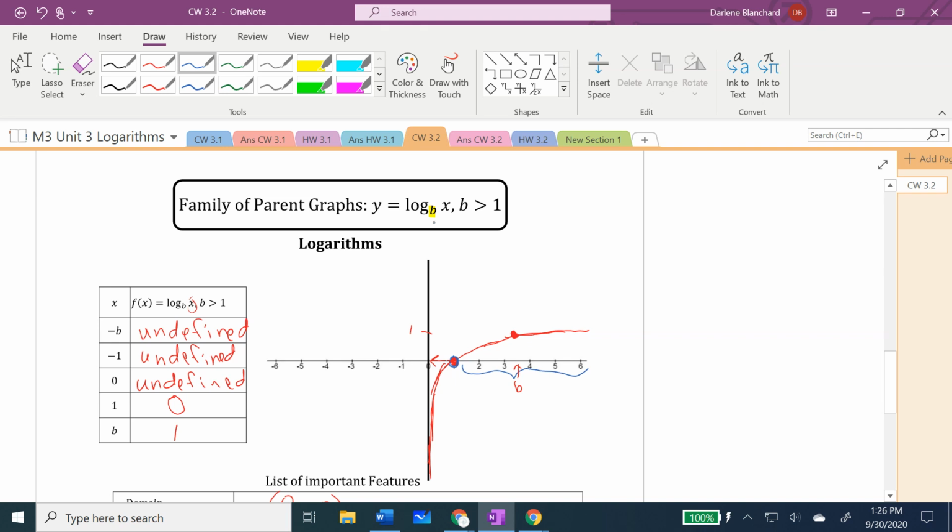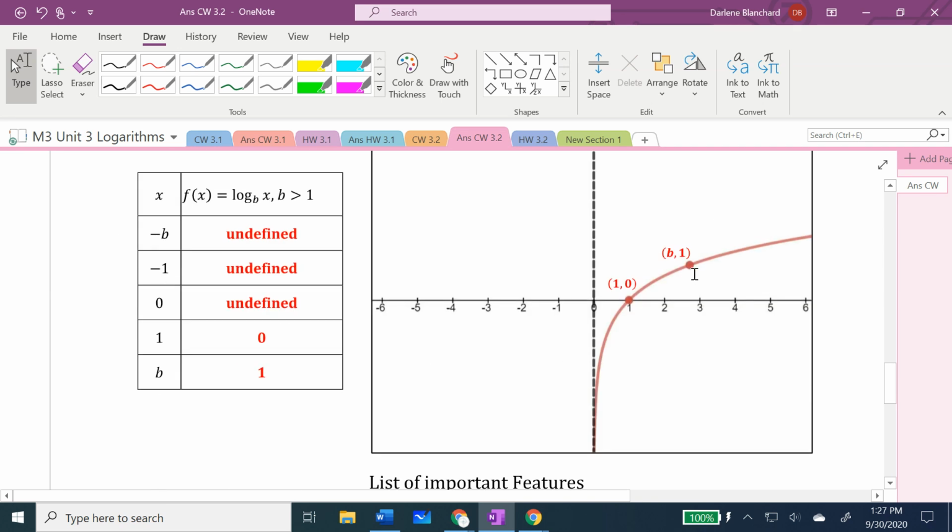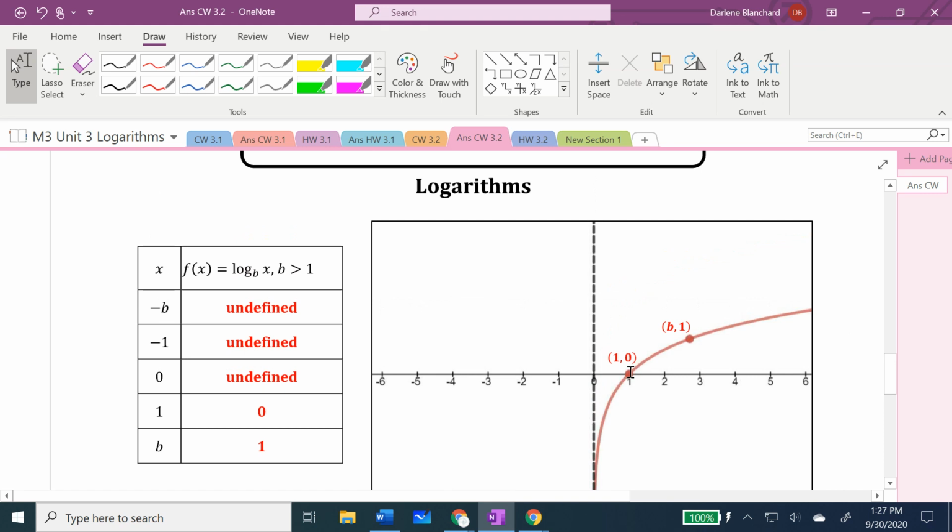And that second point is whatever the base of that logarithm happens to be, the y value will come out as 1 for that point. So hopefully what you're understanding is that every parent logarithm graph that you draw, you are going to put 2 points: 1, 0, and whatever the base number is, comma 1.